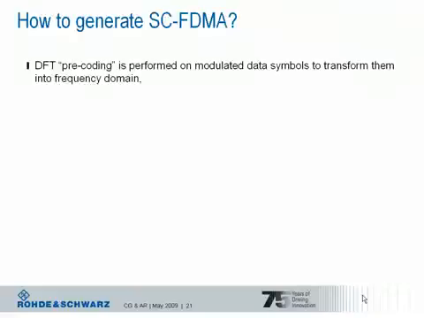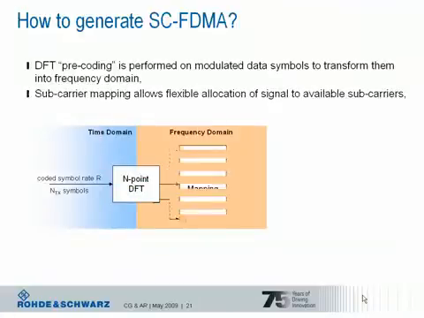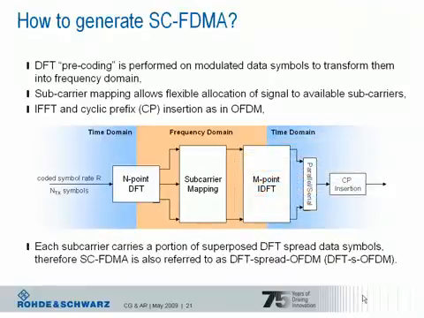Afterwards, there is subcarrier mapping as in OFDM and an IFFT to transfer the signal from the frequency domain into the time domain. After the parallel-serial conversion, the cyclic prefix is inserted. The last two blocks are the same as for OFDM, so there's no difference to the downlink signal generation chain. The DFT precoding is the essential difference between downlink and uplink.